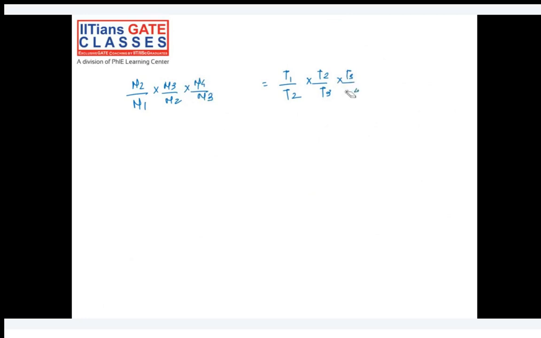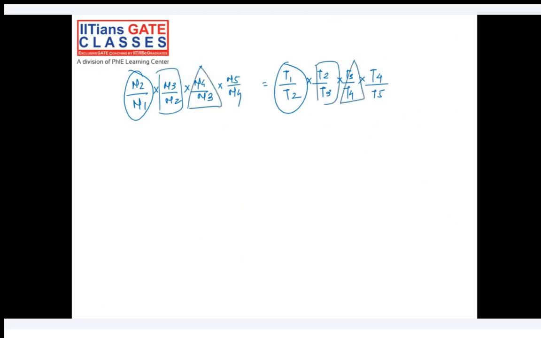And the last one was N5 by N4 is equal to T4 by T5. Because this is equal to this part, and so on for each pair, if they are equal, then their multiplication is also equal. I hope you understood.